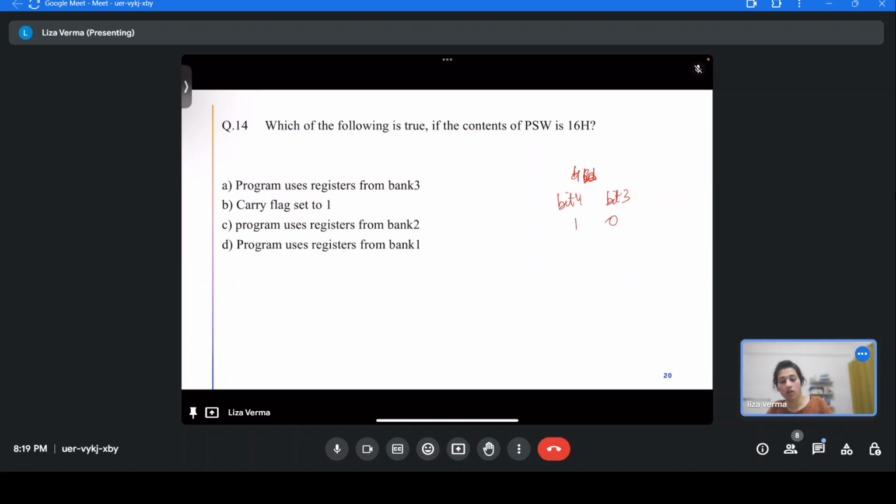Bank 2 will be selected. Is it clear? Yes, ma'am. Option C. Is it clear to everyone? I assume that's a yes. Okay, so C is the correct answer.